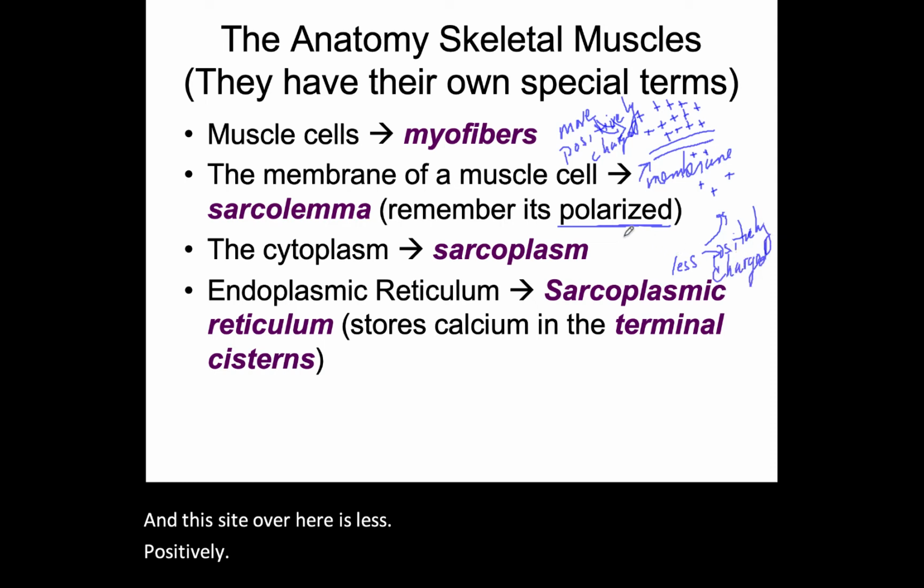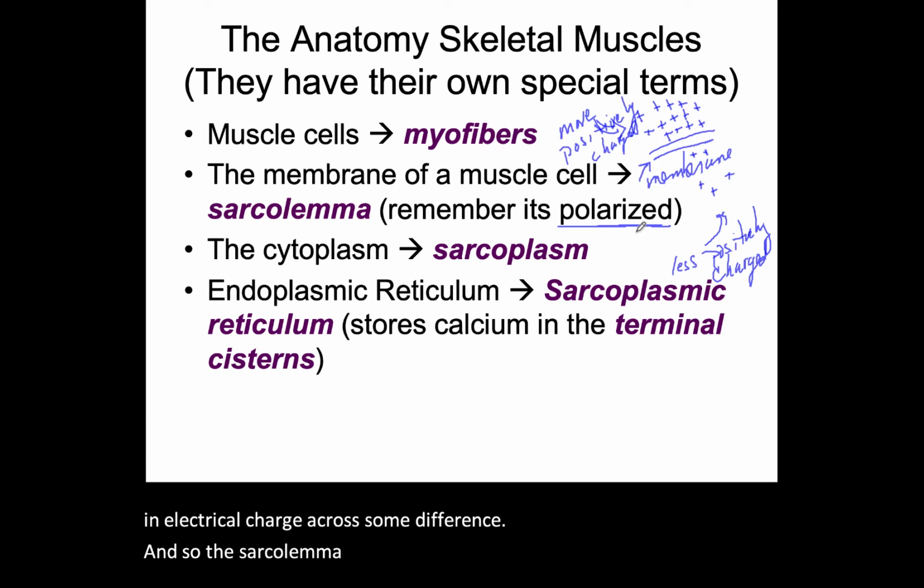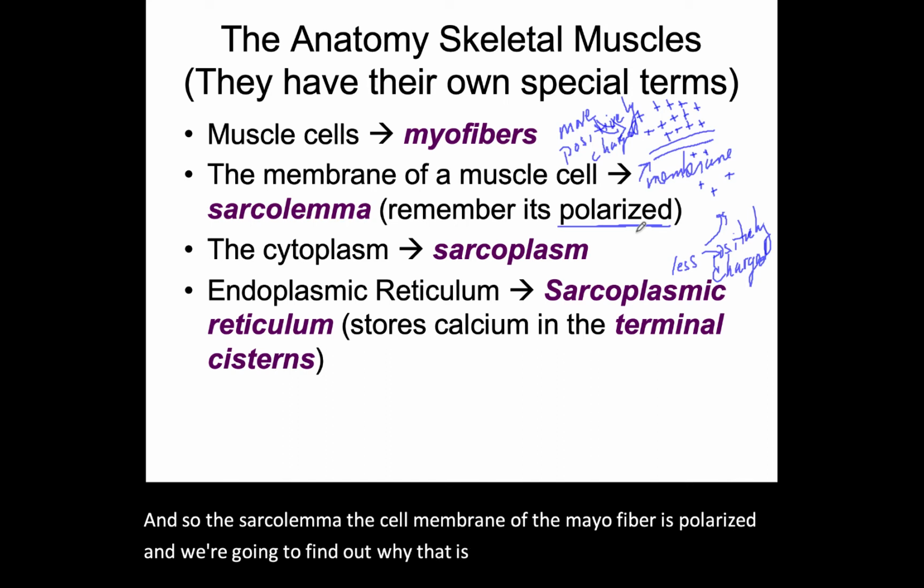And so that sets up a polarized membrane. You have a difference in electrical charge across some distance. And so the sarcolemma, the cell membrane of the myofiber, is polarized. And we're going to find out why that is. That's a critical component of understanding muscle contraction.